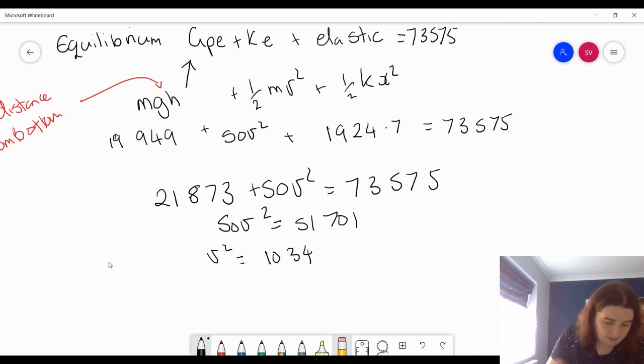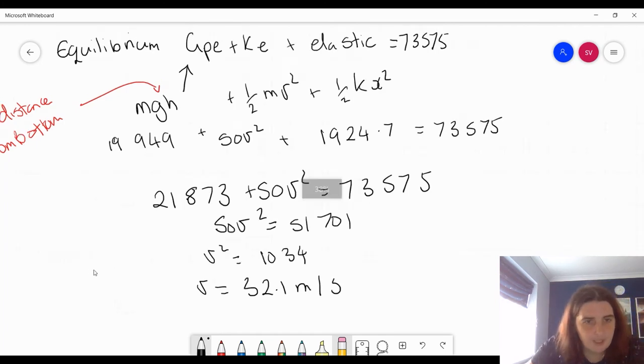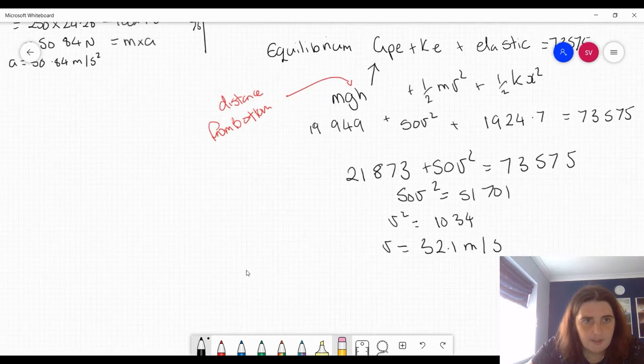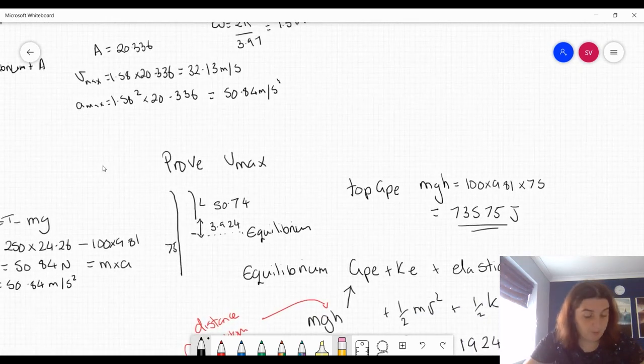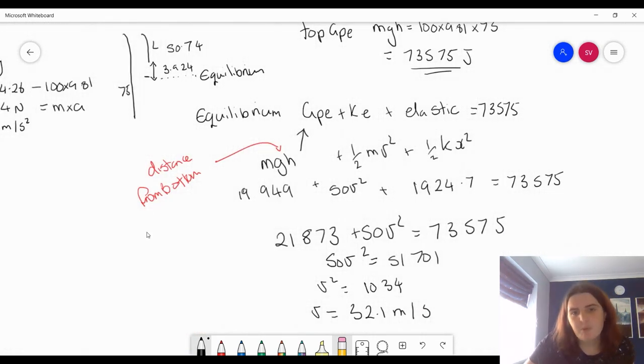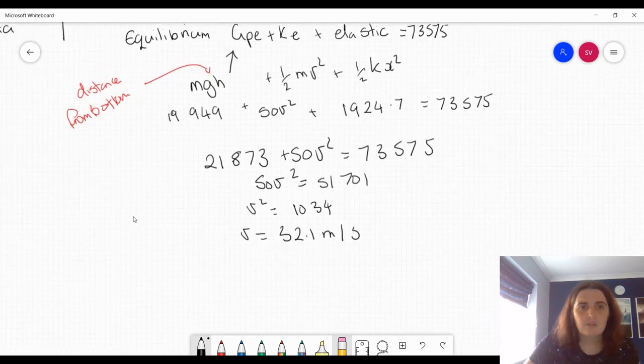Square root it, you get 32.1 meters per second. If we check that against our other answer, I said 32.13. Given the fact I was rounding, I don't think that's bad at all.